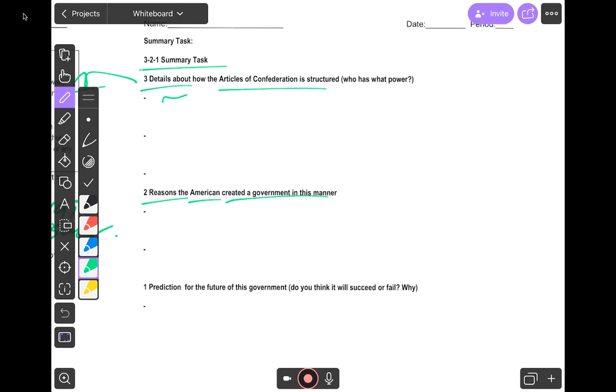So once you have the structure explained here, why is the United States choosing to give power to these people? What in the past have they experienced that leads them to constructing the government in this way? And then one prediction for the future of this government. Do you think it will succeed or do you think it will fail?